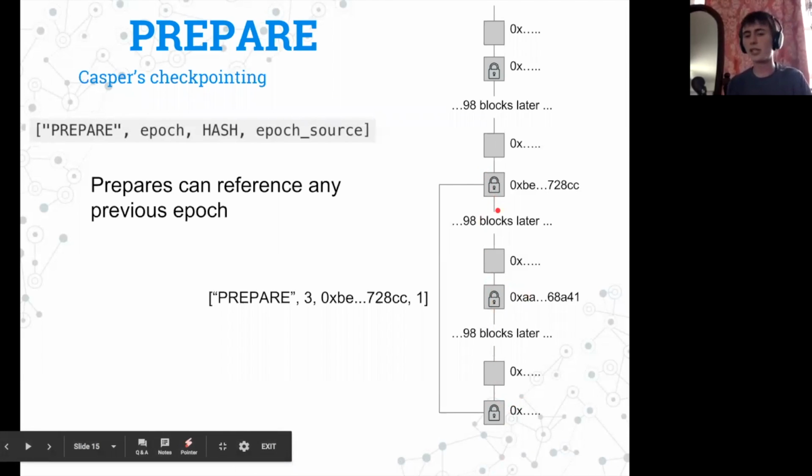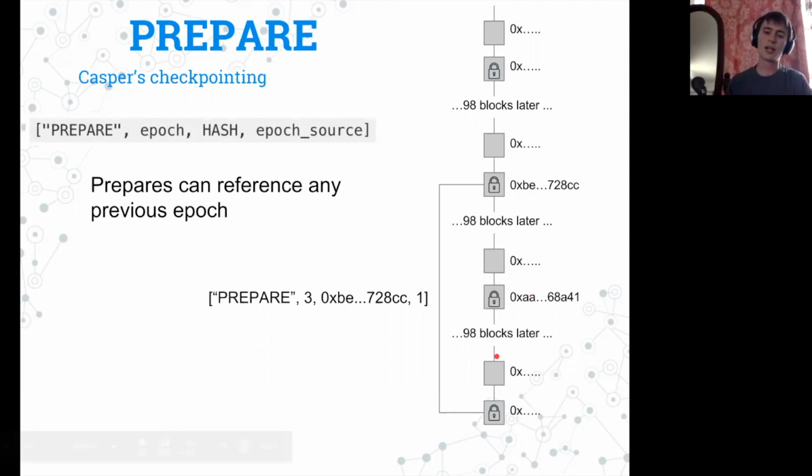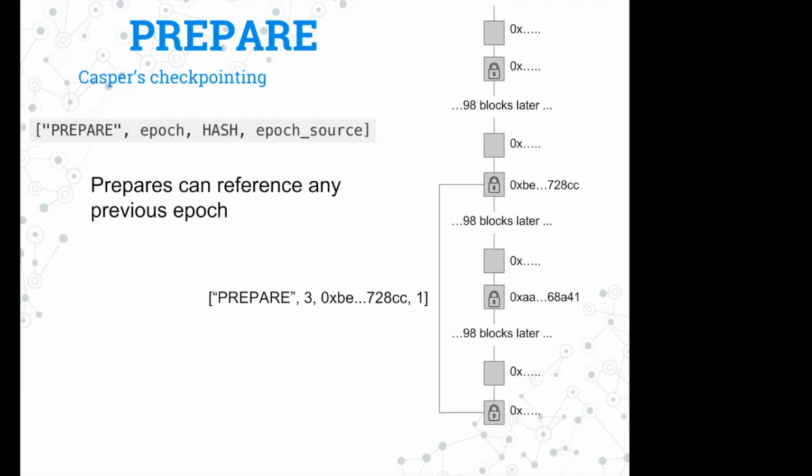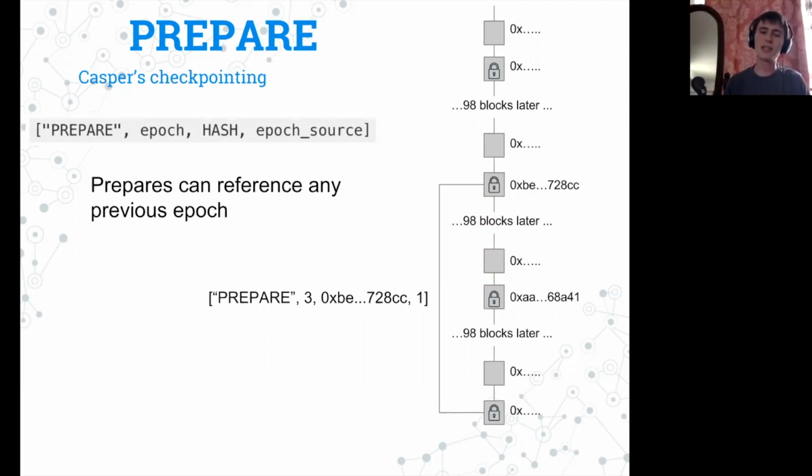And the blockchain, of course, will have all of the blocks. So the Casper contract is managing all of this. Okay, so whenever you prepare, it can reference any epoch, but it still has to be a chain, right? Yes, it has to be a prepare which has gotten 2/3 prepares.